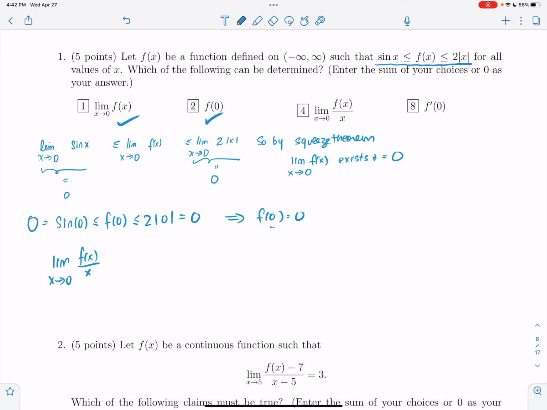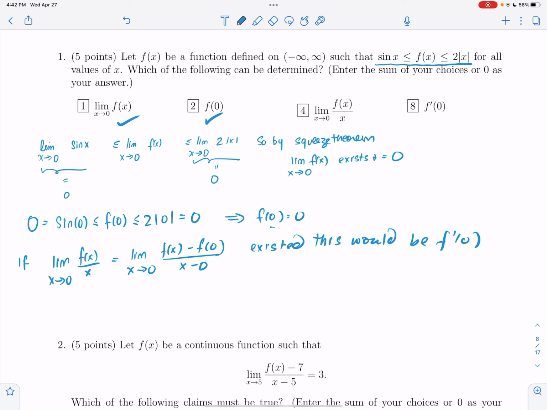You know that since f of 0 is 0, this really is the limit as x approaches 0 of f of x minus f of 0 over x minus 0. Just something to notice, that if this limit existed, then it would be f prime of 0.